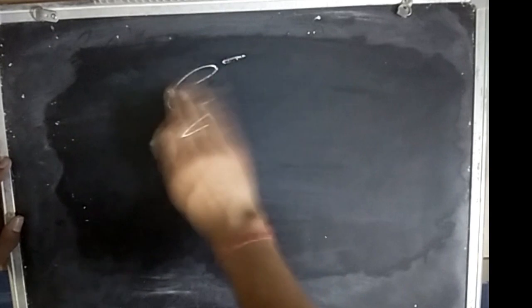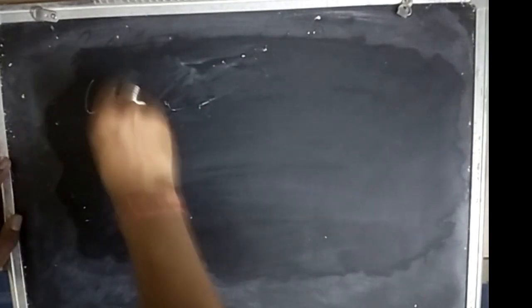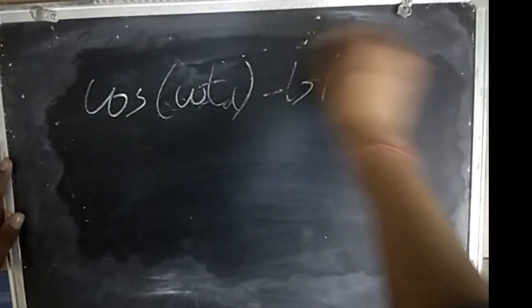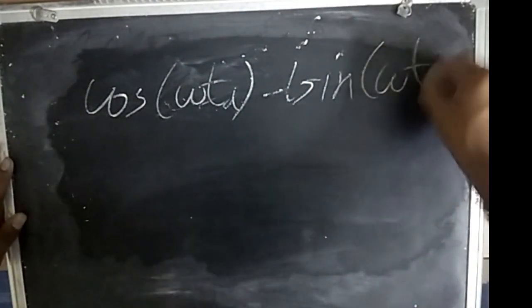For dead time systems, if you want to find the phi, I'm telling you so that you can apply it to any system. For a dead time system, it was cos omega td minus iota sine omega td.